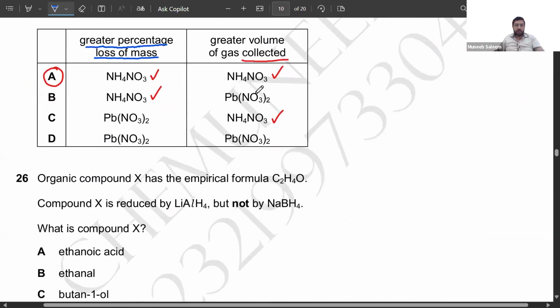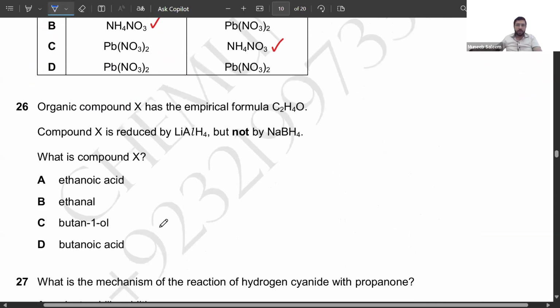Now the next question, number 26. Organic compound X has an empirical formula C2H4O. Compound X is reduced by lithium aluminum hydride, but not by NaBH4. What is compound X? If you remember, LiAlH4 is a stronger reducing agent as compared to NaBH4, which is a comparatively weaker reducing agent.